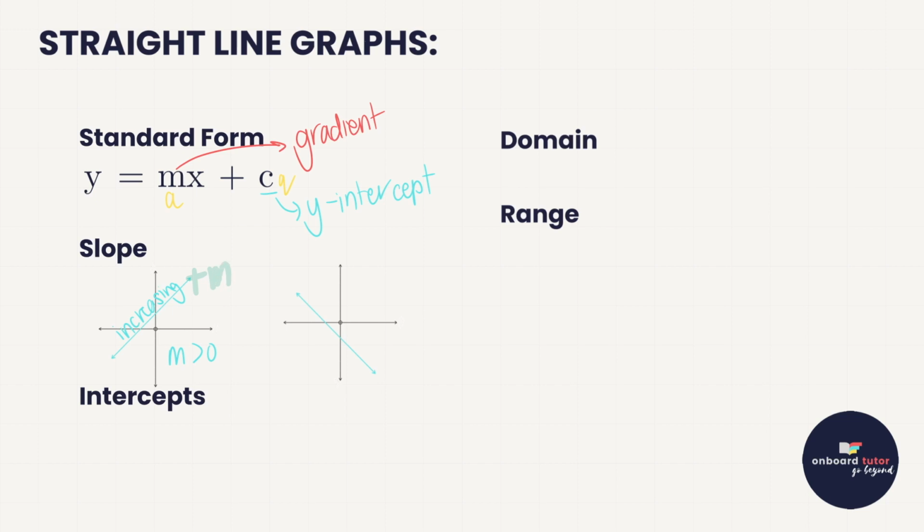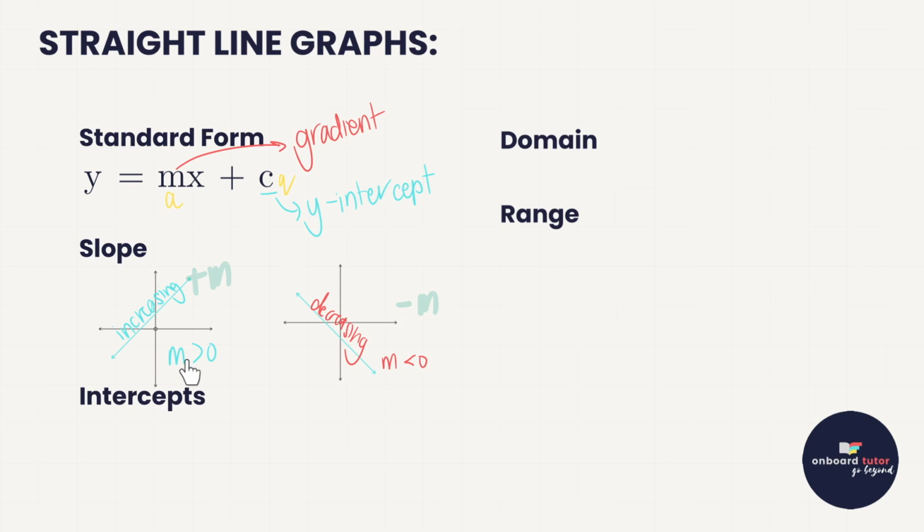On the other hand, if we notice that the line is going downhill, in other words, as x moves forward, y is becoming smaller and smaller, then that would be known as a decreasing line, and our gradient is negative. Okay, and again, we can simply just write that as m less than 0. It's just that sometimes, because m is a variable, it's better off if we understand this notation.